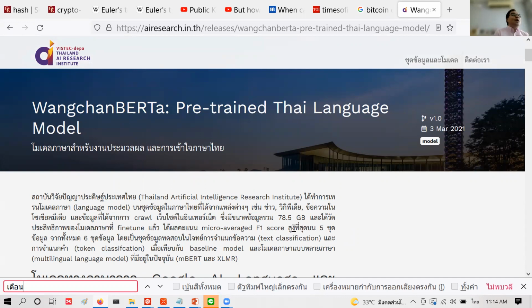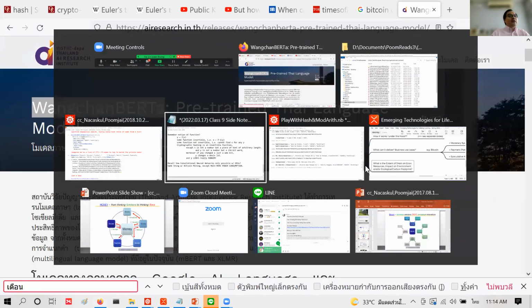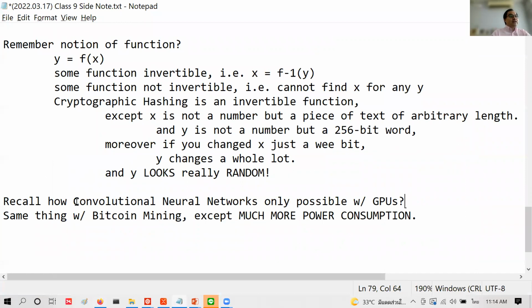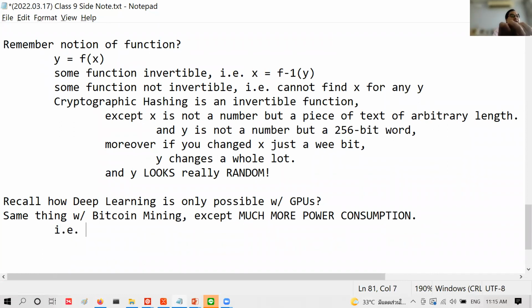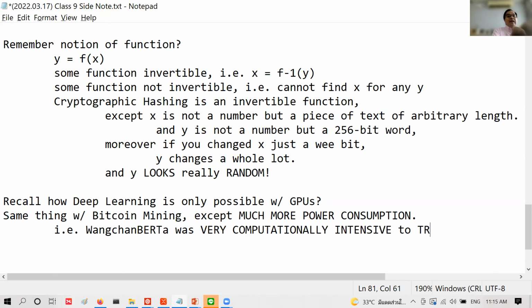But you only need to do it once. Once you have it, it's pre-trained. Let's call it deep learning, i.e., Wangchanberta is very computationally intensive to train.